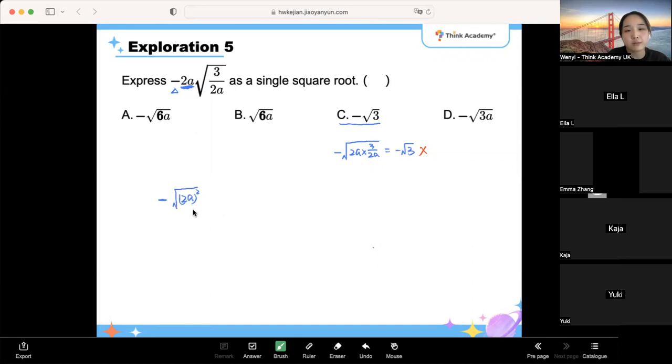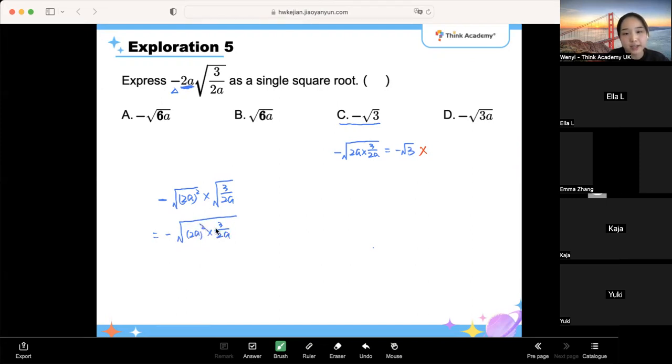Then this term is equal to 2a, right? Then we just copy this root 3 over 2a. And the next step is just multiplying these two thirds, and we get a bigger square root, and we have 2a squared times 3 over 2a.